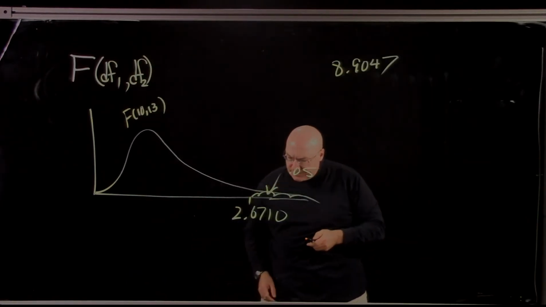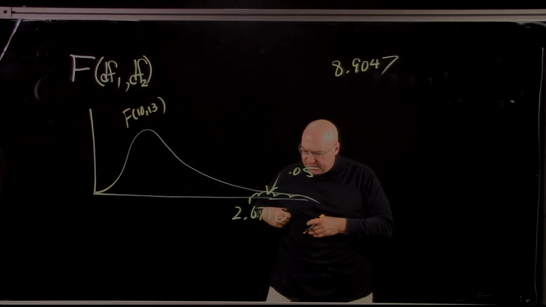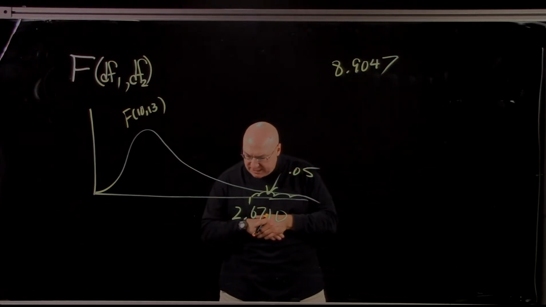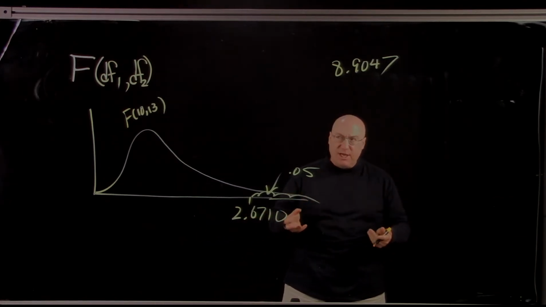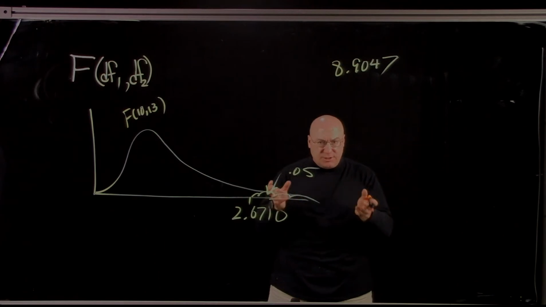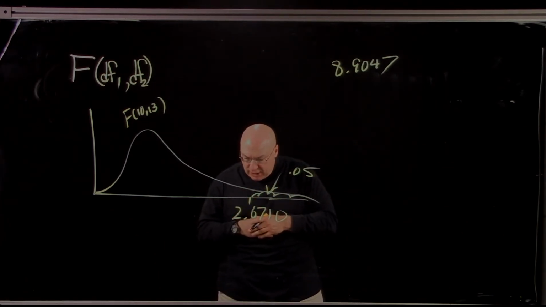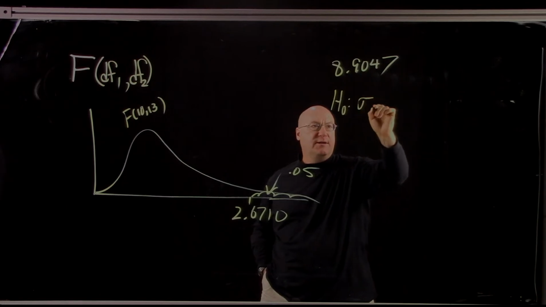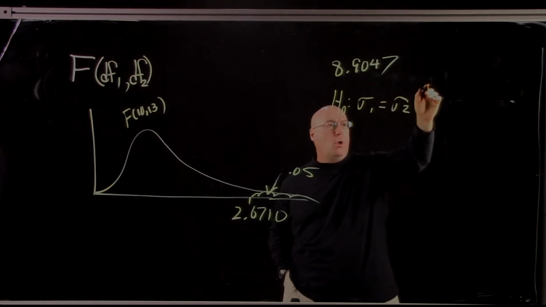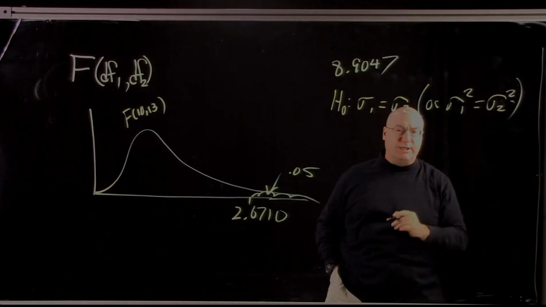But how are we going to use that? We shall use F distributions when testing hypotheses concerning the difference of 2 population standard deviations or 2 population variances. So now we're looking at differences between standard deviations or variances. The null hypothesis will always be H naught: sigma 1 equals sigma 2, or sigma 1 squared equals sigma 2 squared, which is really saying the same thing.